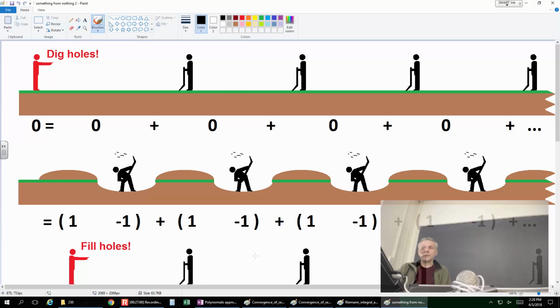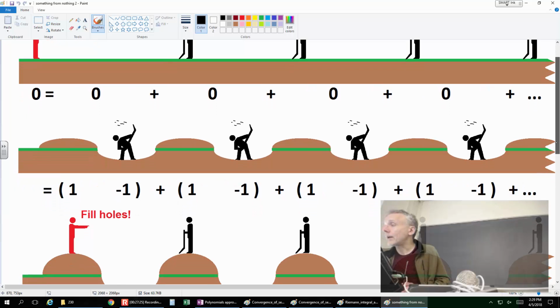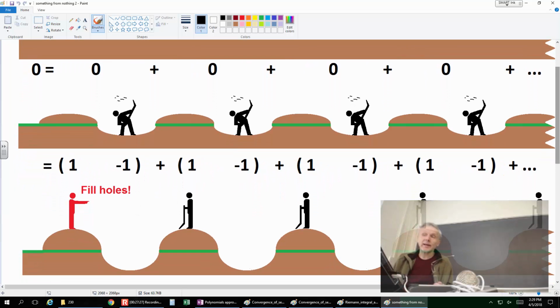Okay, so there are no holes, so there's a sum of zeros. But then they dig holes, and at the same time they take that soil and put it in a pile near the hole. So then every 0 turns into 1 minus 1, which is the same thing. It is 0, right? So then it is the sum of 1 minus 1, 1 minus 1, and so on. It is still a sum of zeros. At the next stage, however, somebody comes and says, fill the holes.